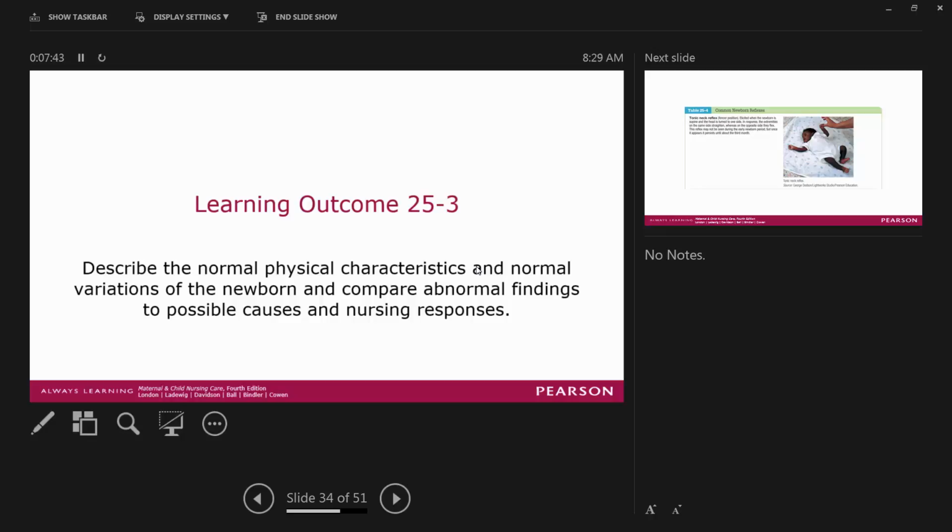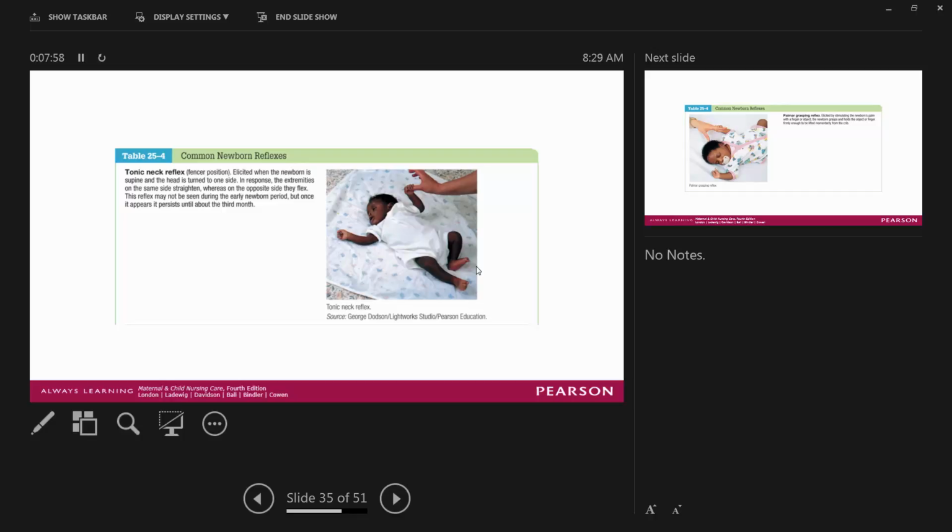And then you listen to lungs, you listen to heart, you check out the skin, you listen to the belly, you do your capillary refill on babies, and then we have some other things that we're going to look at on babies. One of those things is reflexes, normal reflexes that babies should exhibit.